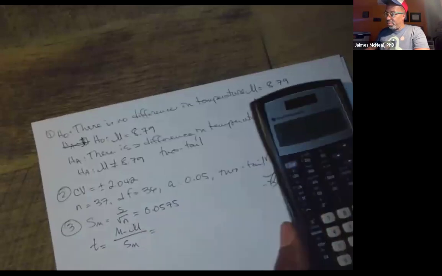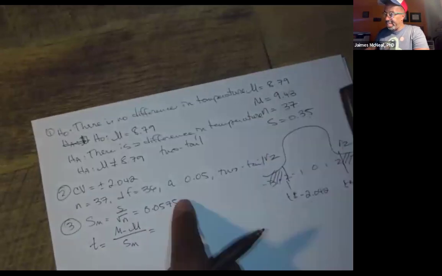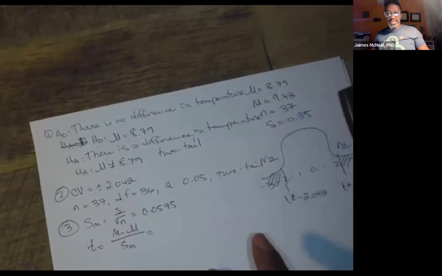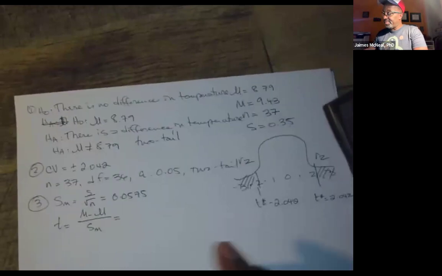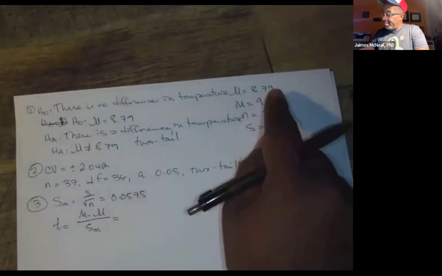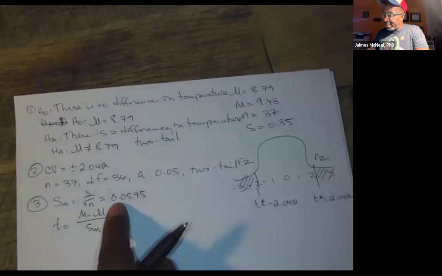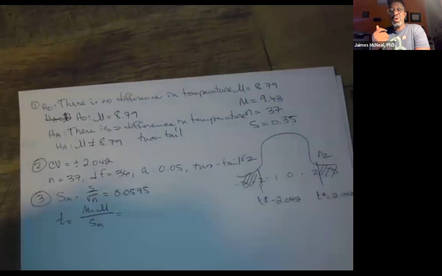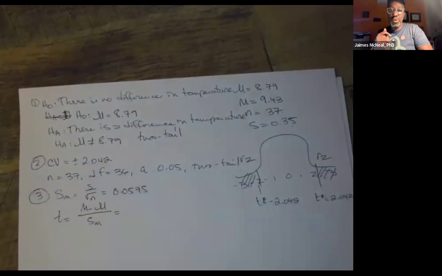By the way, we know that if we continue to take samples of 37 from the same population, the mean 9.43 is not even going to move a whole point. So it's a pretty stable estimator of the true population mean.